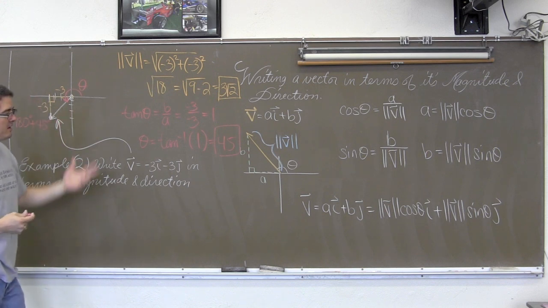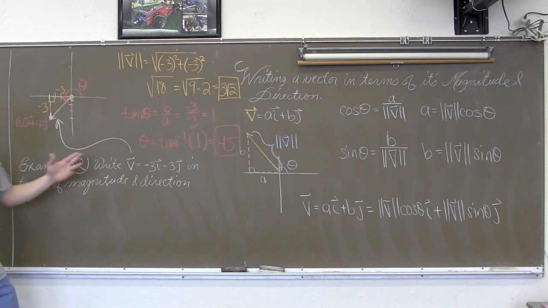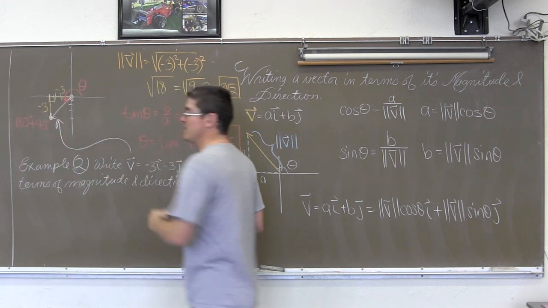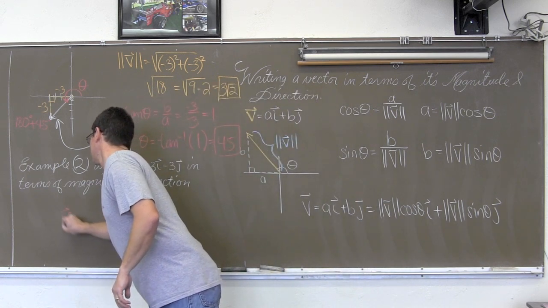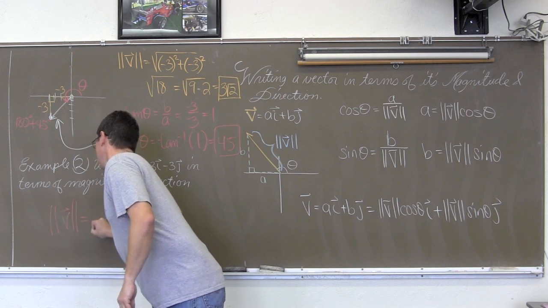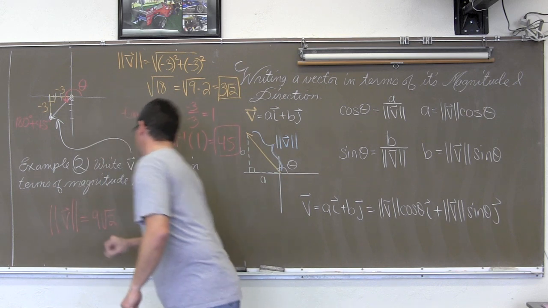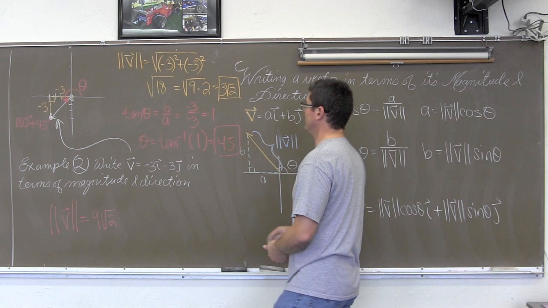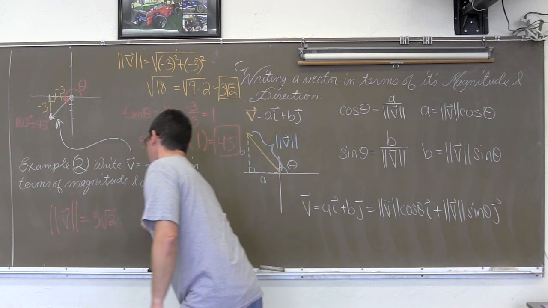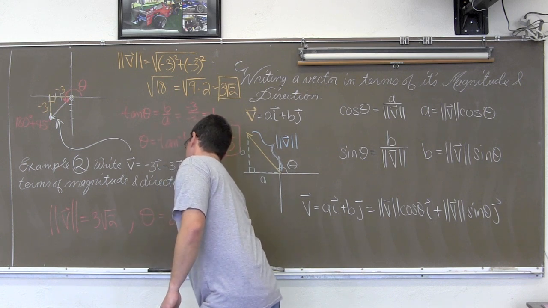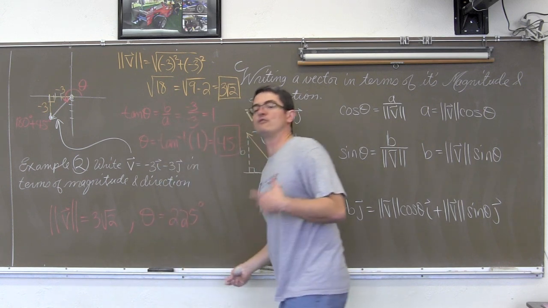So our final answer from going from horizontal and vertical components into magnitude and direction is going to be: vector v has a magnitude of 3 square root of 2, and a direction of 225 degrees, or 5 pi over 4 radians.